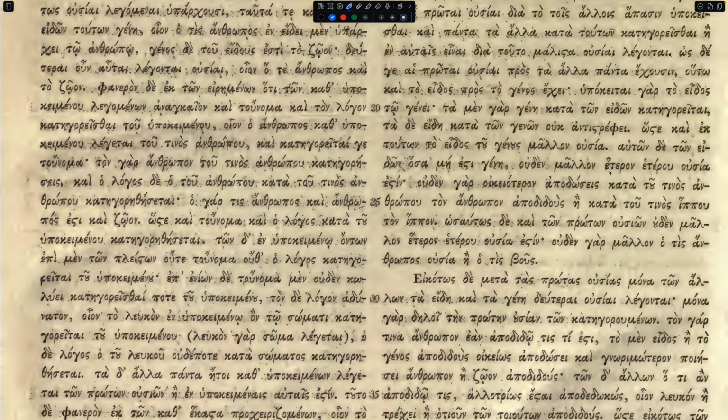Uden malon heteron hetero usia estin uden gar oikaio teron apodosais kata tu tinos anthropu ton anthropon apodidos kata tu tinos hippu ton hippon. We've had a look at this idea before, all right?